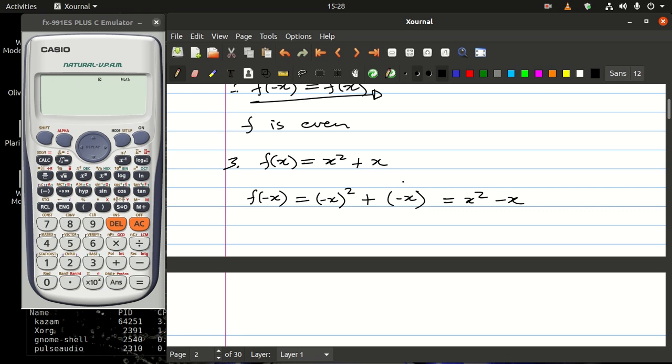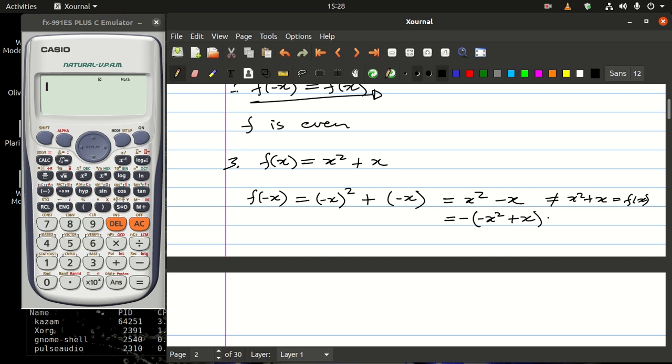Now, we want to see if it is the same as minus f of x. So we factor out a minus here. We can say that this is going to be minus 1 times x squared minus x. If I multiply a minus and a minus, I will get a positive; a minus and a positive, I will get a minus. But still, if I factor out a minus, can you see that this is not the same as x squared plus x, which is equal to f of x?